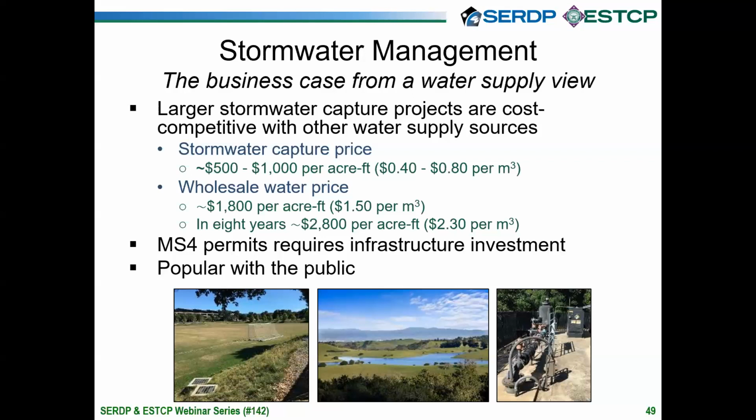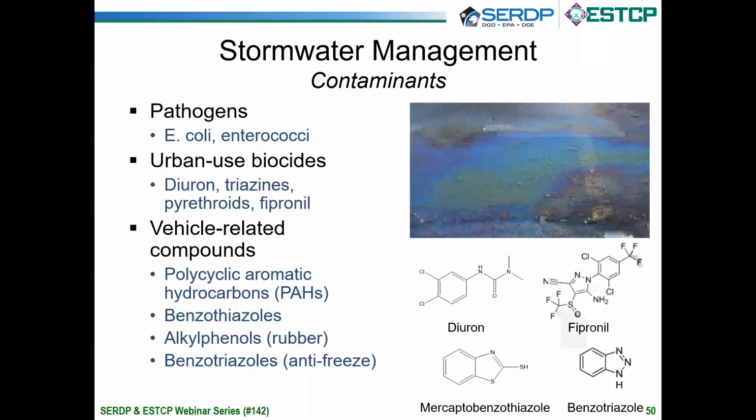That brings us to the subject of the discussion today: how can we improve stormwater control measures, and how can we capture contaminants to prevent sediment recontamination, and also perhaps augment water supplies as well.